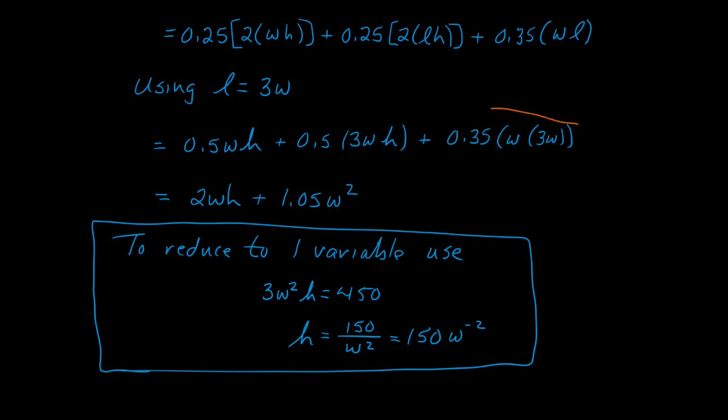Then we clean this up. We have the 3 times the 0.35, and then we have W squared.